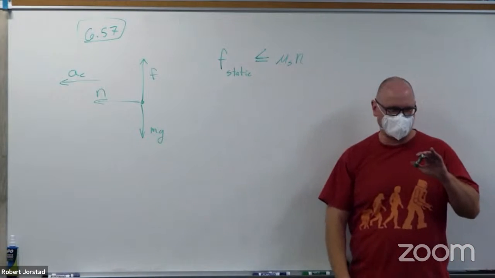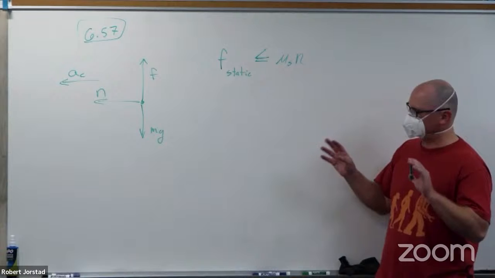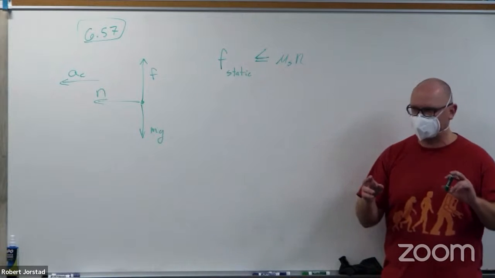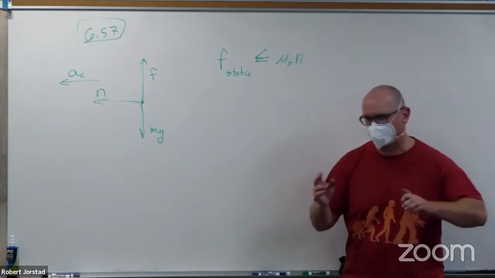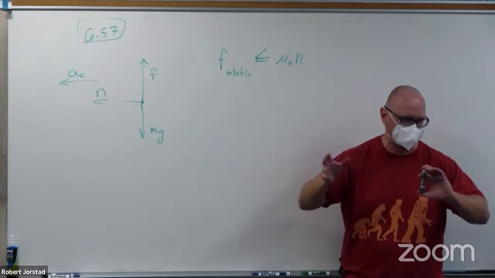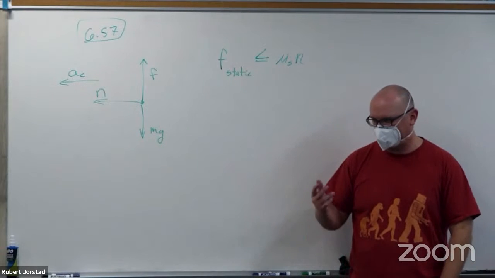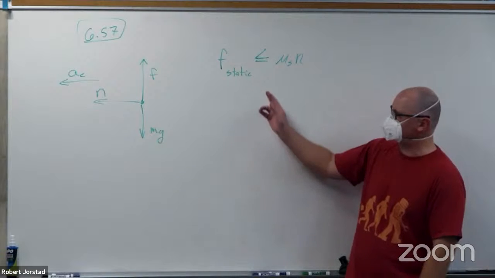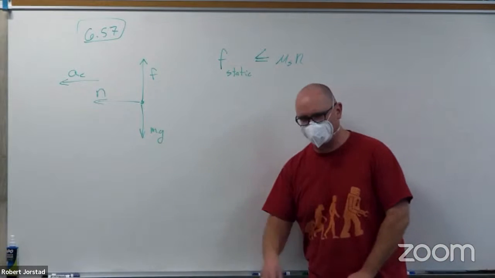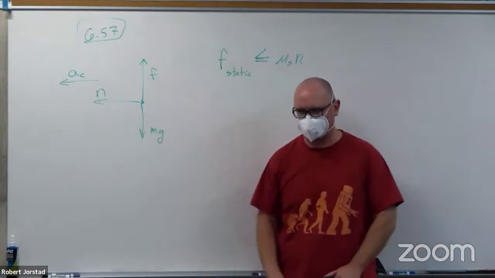So in these problems, I want you to look out for key words like just about to slip or largest before slipping. Almost every year on a test question, I'll sneak it in and say, what if I double the rotation rate? What happens to the friction?